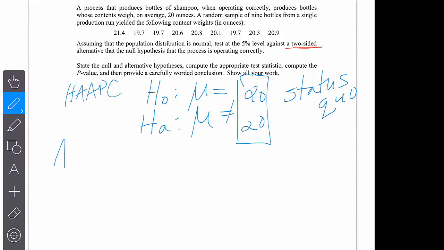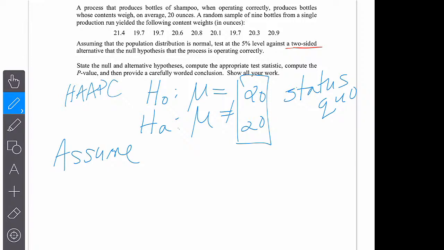Then we assume. What do we assume? Well, we can't do anything here unless we stick our neck out. We have to make a statement and then test the statement. That is the nature of the scientific method. We make a hypothesis, we believe it's true, or we assume it's true.